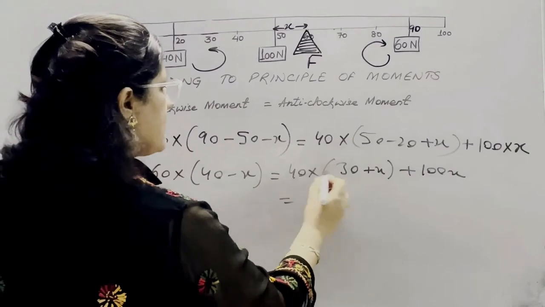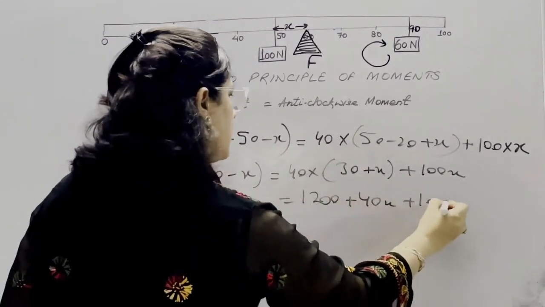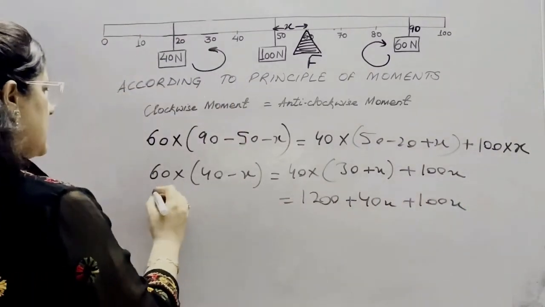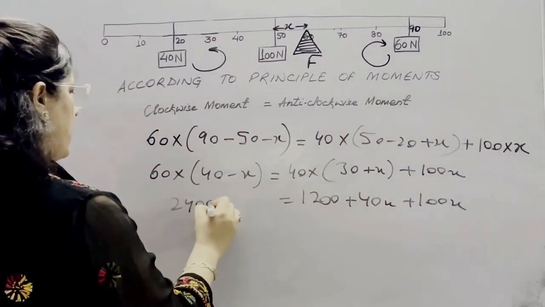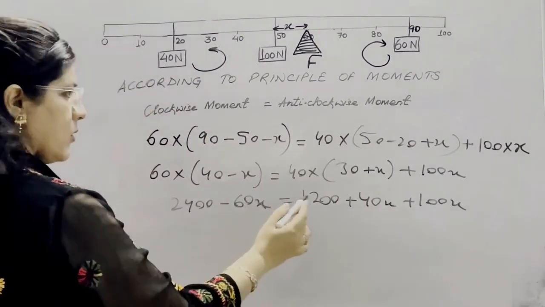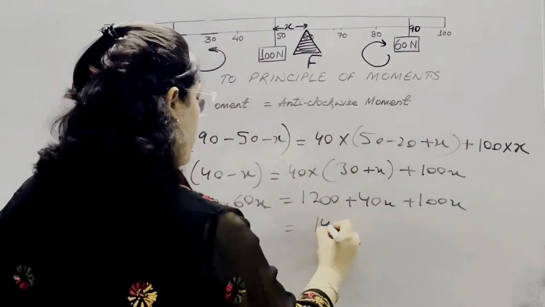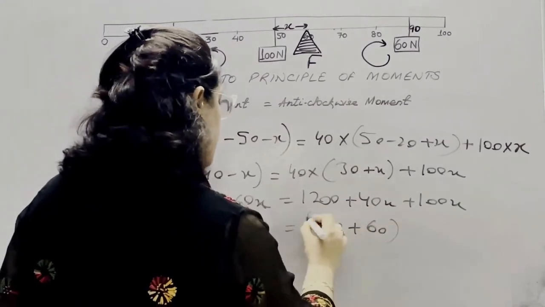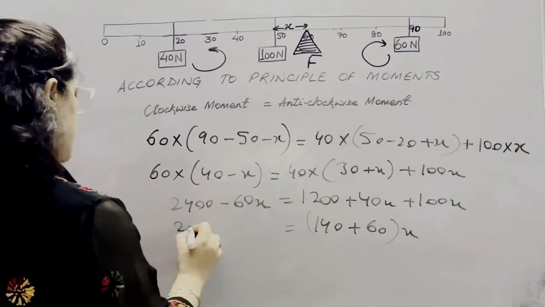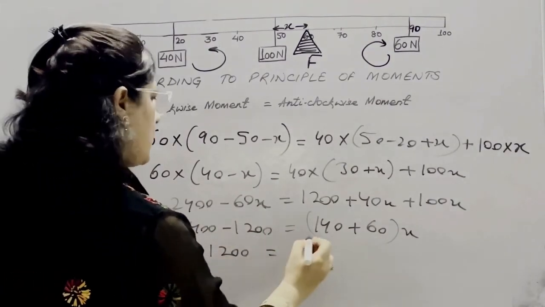So the calculation is 1200 plus 40x plus 100x on this side, and 2400 minus 60x on this side. Now transposing, 140 plus 60 gives 200x, and 2400 minus 1200 is 1200.